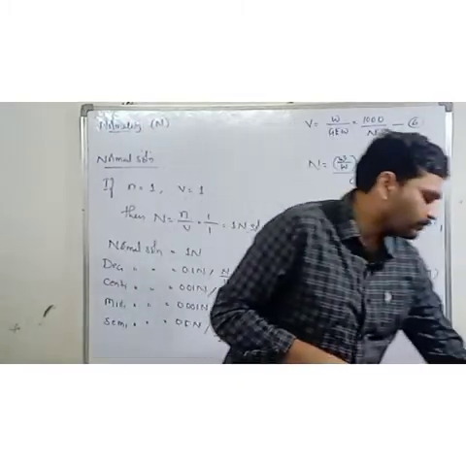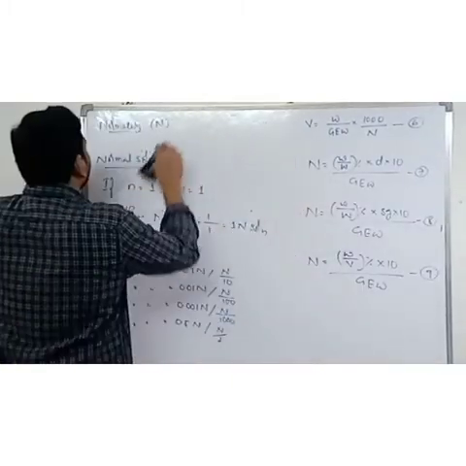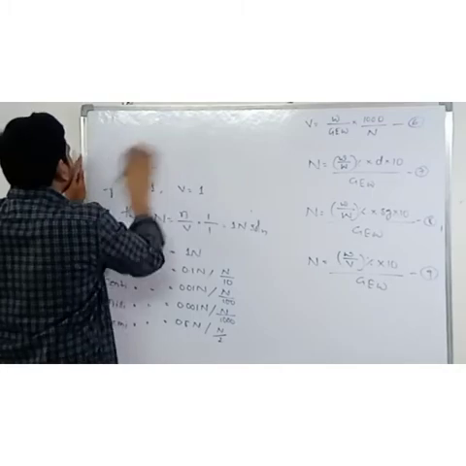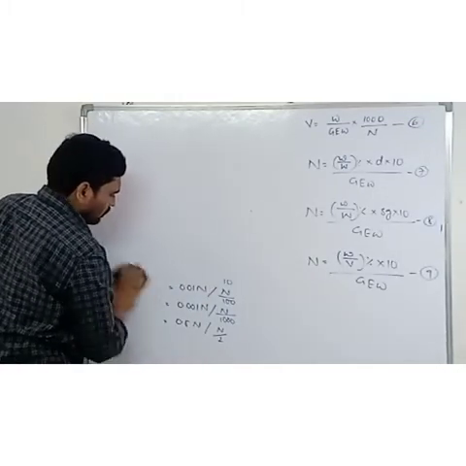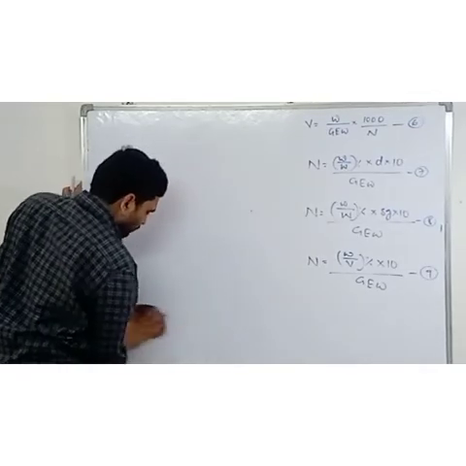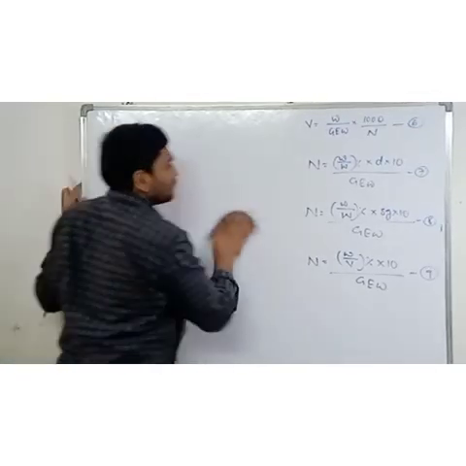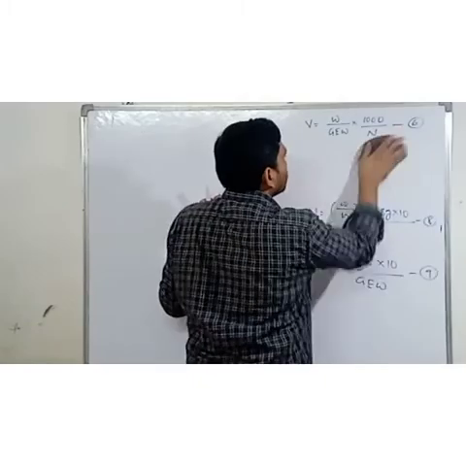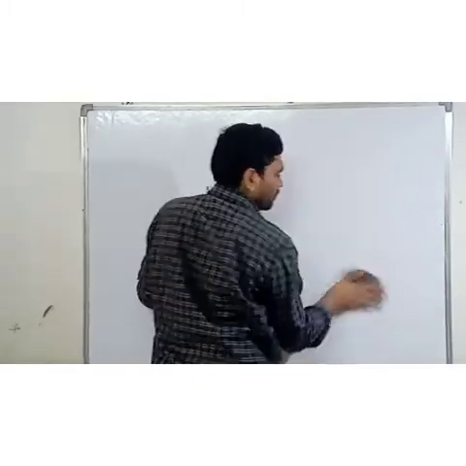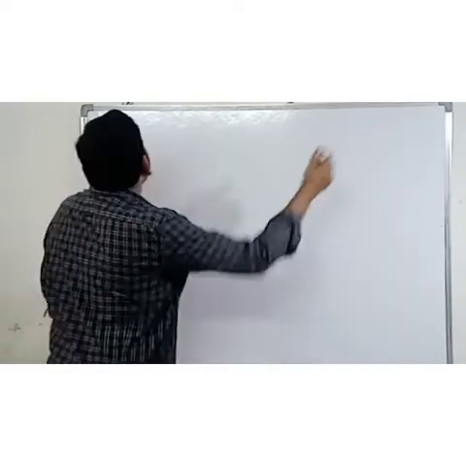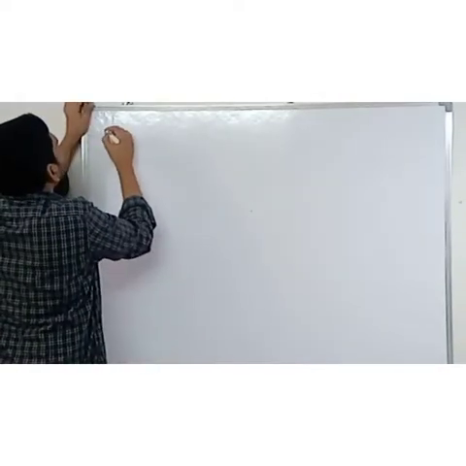Next topic is when more than 2 solutions are given. What is the relation between the first concentration N1 and the second concentration N2? It is important from a calculation point of view. There are 3 cases.